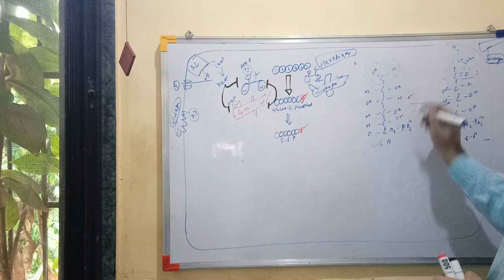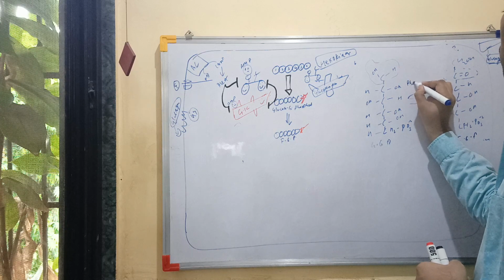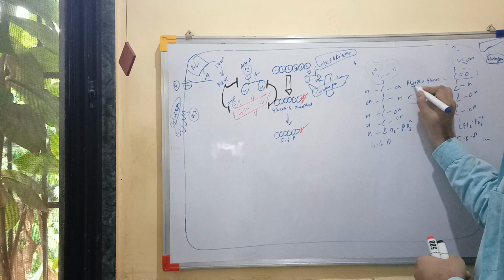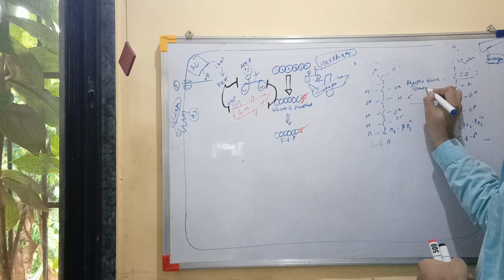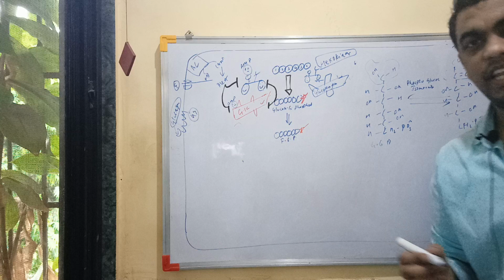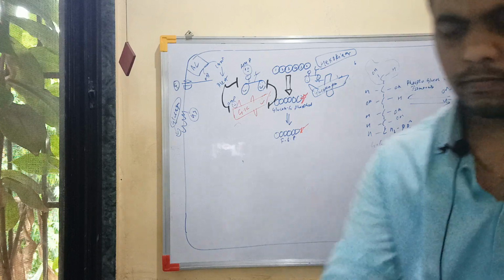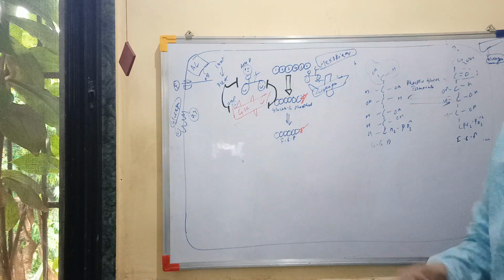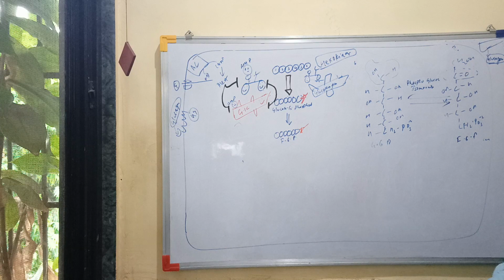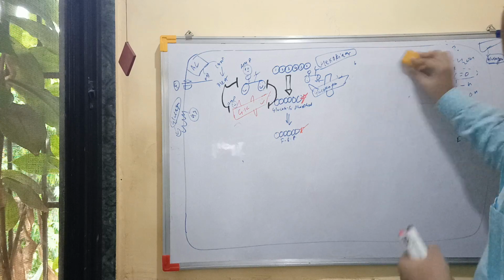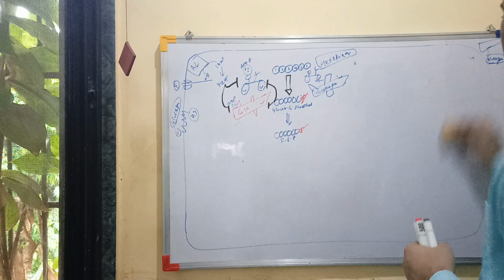This molecule is phosphoglucose, so you can call it phosphoglucose isomerase, phosphoglucoisomerase. As I told you, this is not a very crucial step, glucose 6-phosphate to fructose 6-phosphate, because it is reversible.